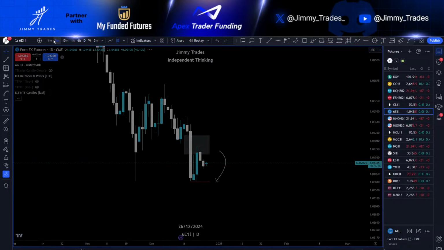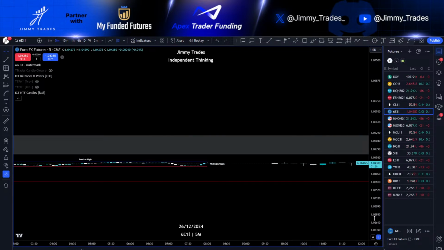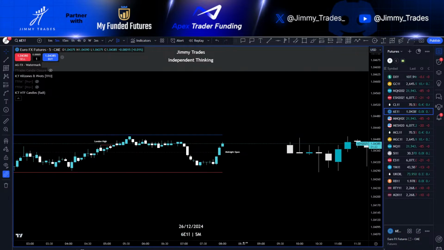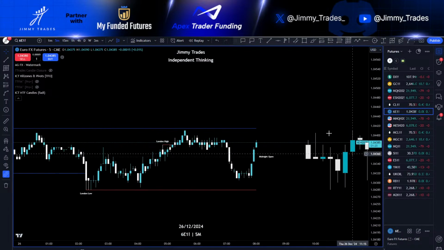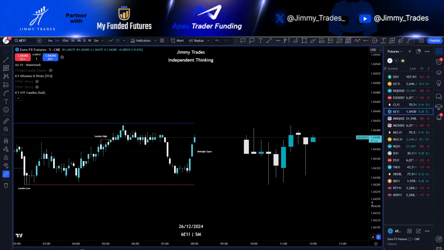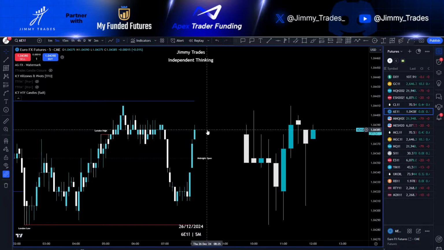So if you're on a 1 minute chart or a 5 minute chart, it would normally update every time there's a movement in the tick price or tick value. But with the free account on TradingView, this would only update every 5 seconds. So in 5 seconds time, this candle could be up here.